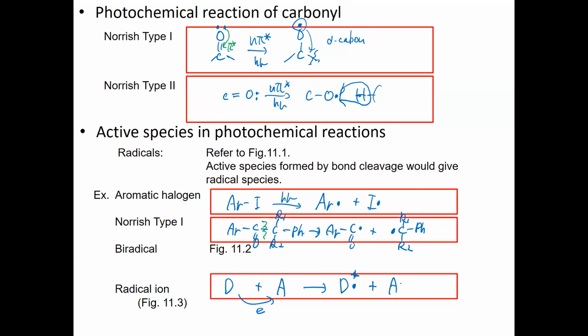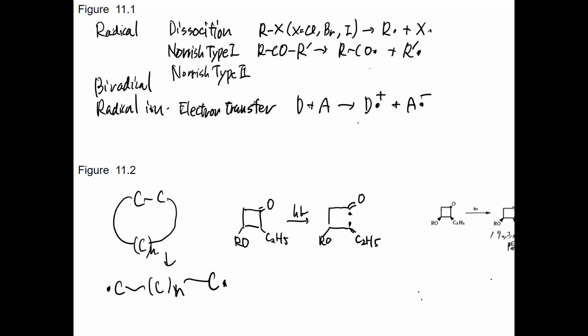And the acceptor is a negative ion and a radical species. So there's a radical cation and a radical anion. Yeah, so this is a radical ion species due to the electron transfer process.